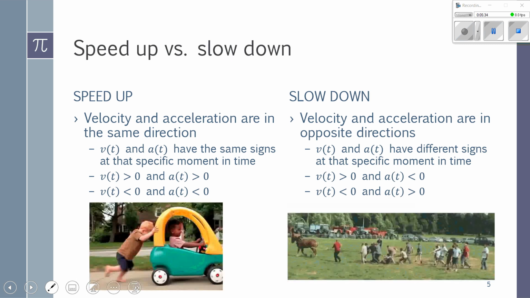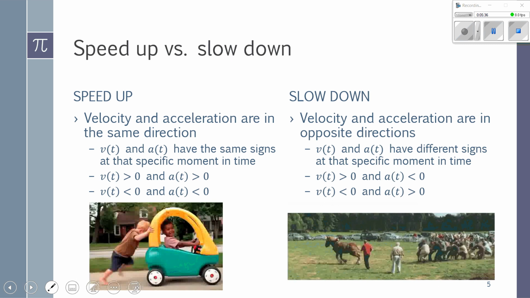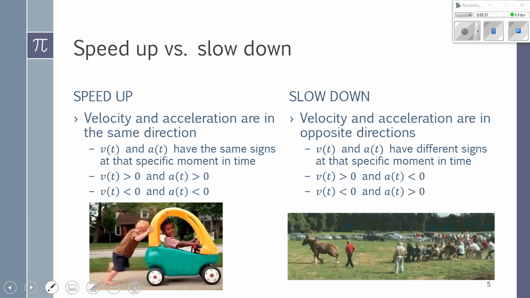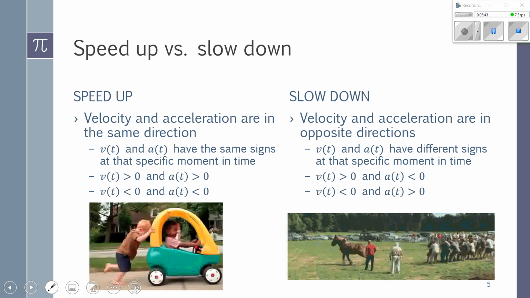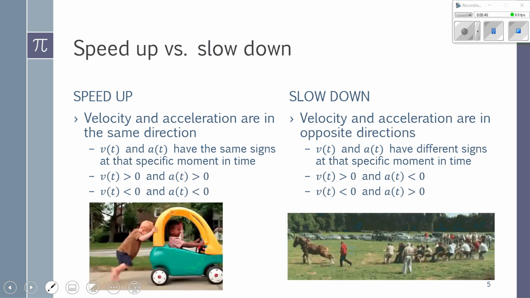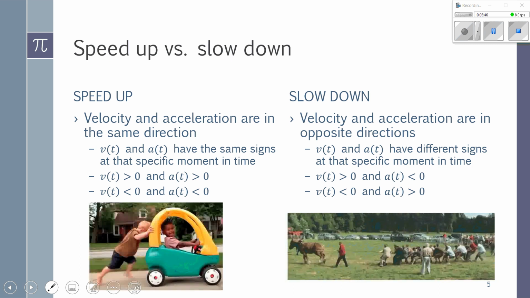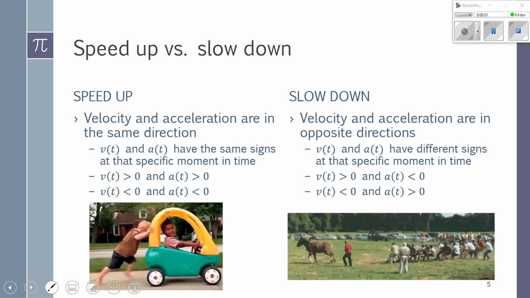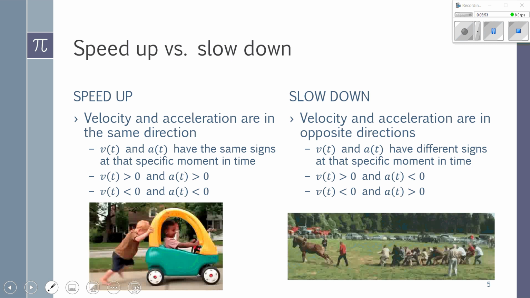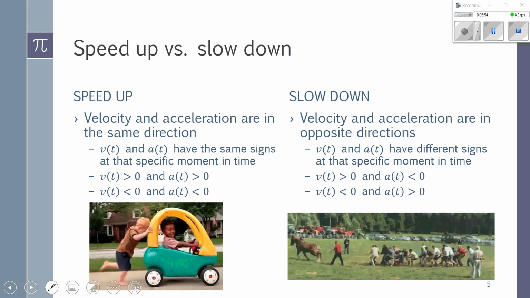When we talk about something speeding up, that means the velocity and acceleration are going in the same direction. It's like you're running along and somebody pushes you from behind to give you a boost. Whereas slowing down, velocity and acceleration have to have opposite directions. It's like you're running along and something has a rope and is trying to hold you from running.